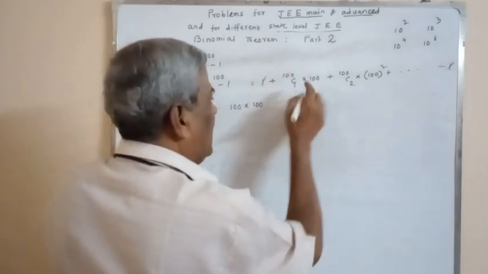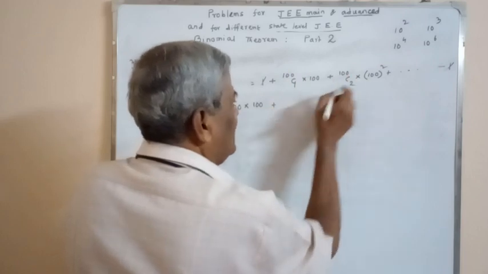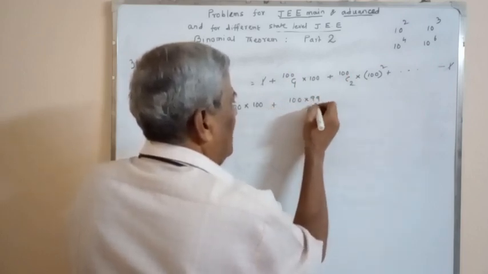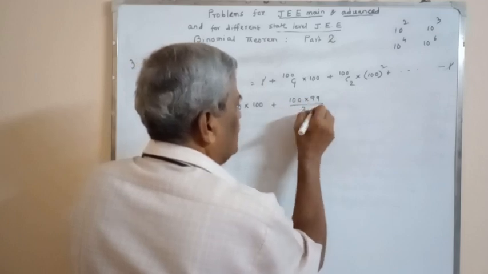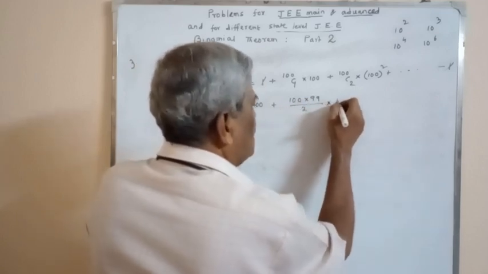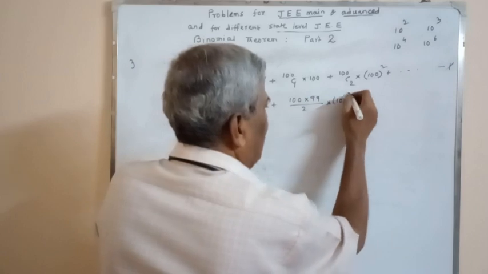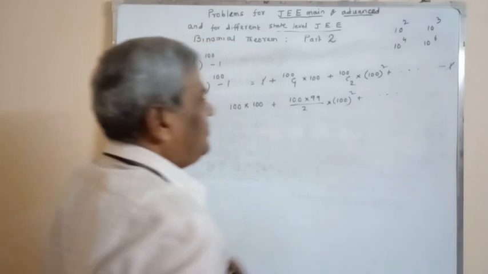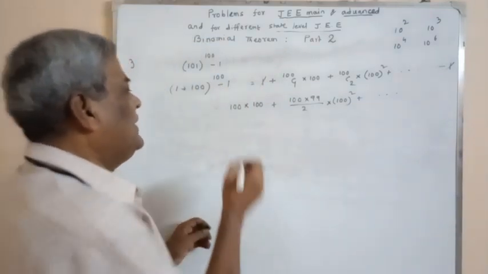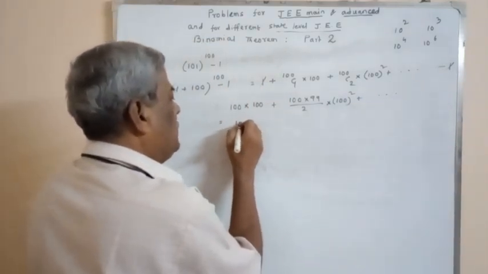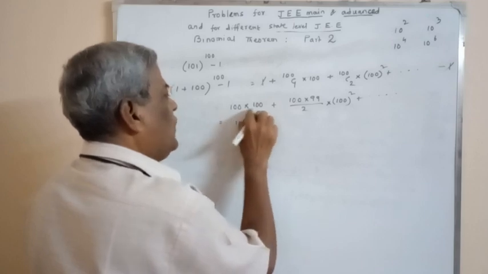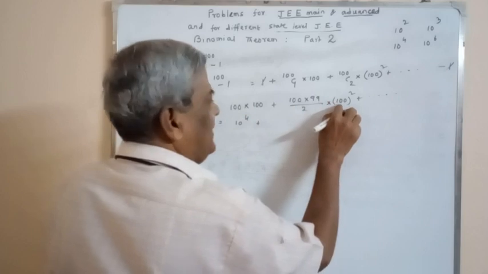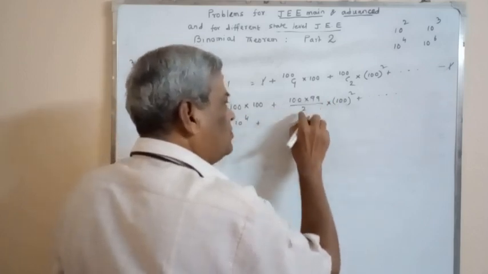100C1 is 100, into that, plus 100C2 is 100 into 99 by 2 into 100 square, plus so on. Now you see this is 10 to the power 4, 10 square into 10 square, plus this is 100 cube.